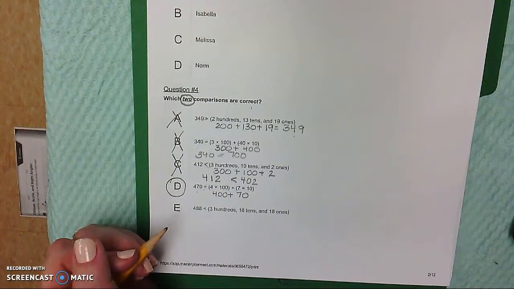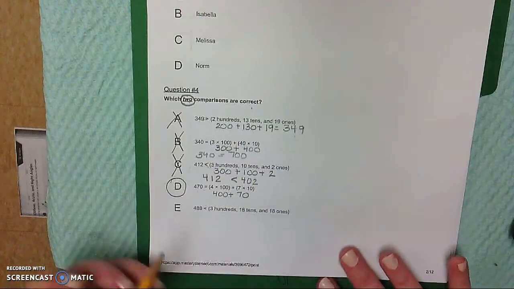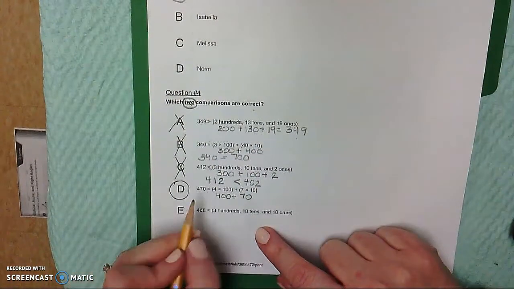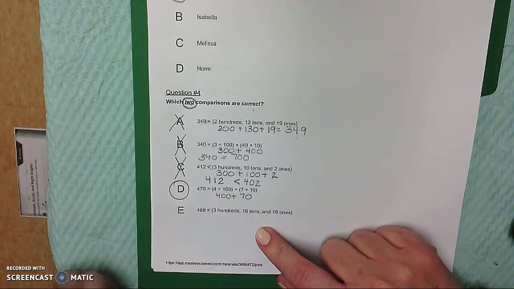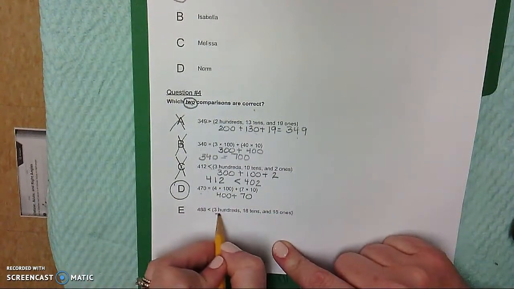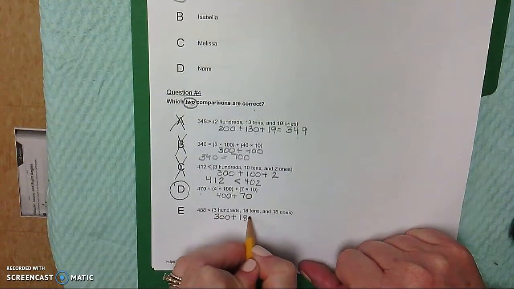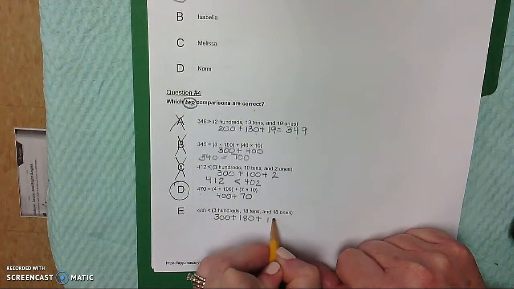Now, if you stopped right there and just circled D and went on to question 5, then you have gotten the problem wrong. Because it says you've got to have 2 answers. So let's look at letter E. We have 488 is smaller or less than whatever this equals. So 3 hundreds is 300. Plus 18 tens is 180, and plus 18 ones.